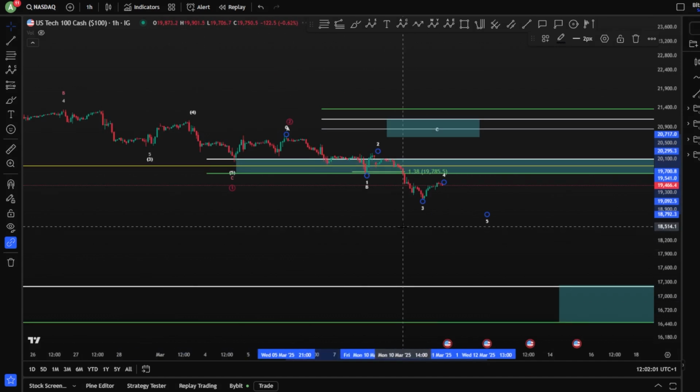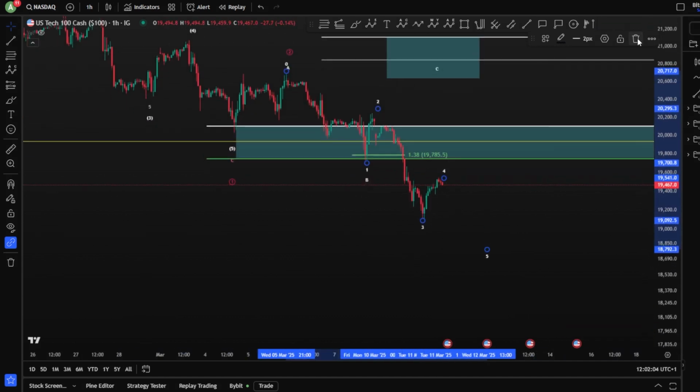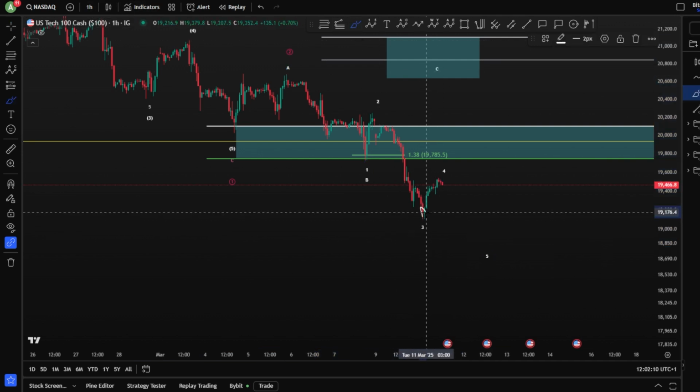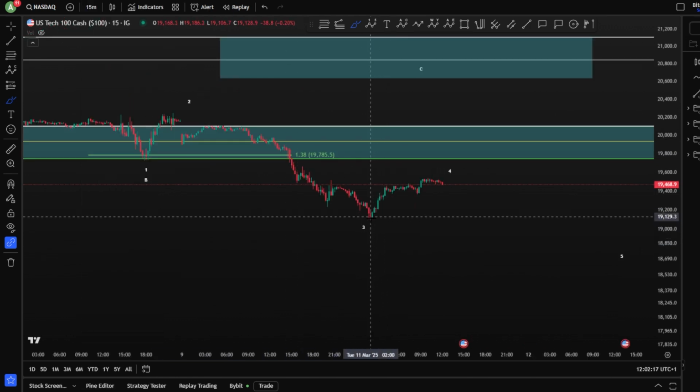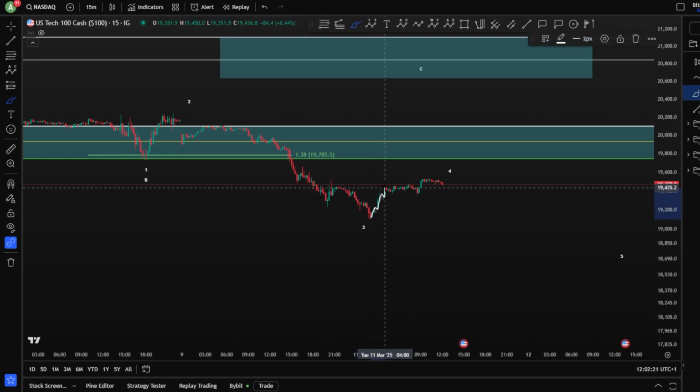Now, if we dive inside the 1-hour chart, we can see that this can be an impulse here. As you can see, internally, this can be a 1, 2. Let's move inside it, by the way. Just 1 second on the 50-minute chart. Here we go. This is what I'm talking about. Well, but not really nice.